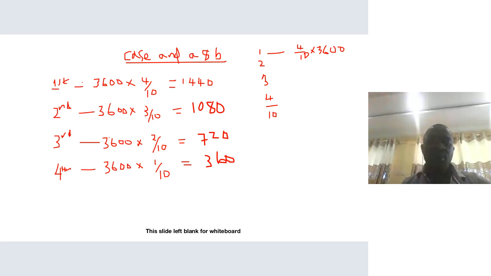Now for the other case, case C, is when the first installment is due at the date of the sale. Remember, the date of the sale was 1st October 2016.